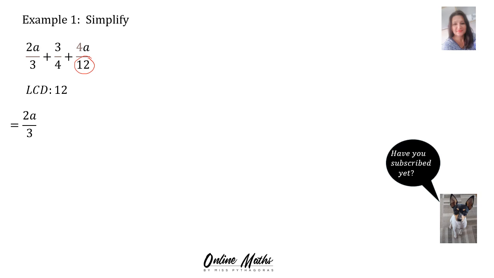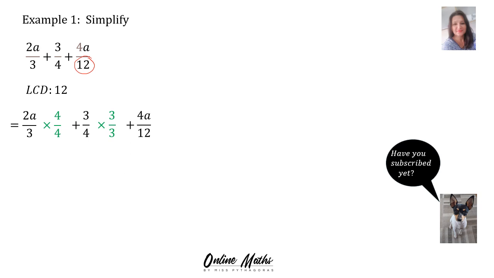So if we look at 2a over 3, we're going to multiply the numerator as well as the denominator with 4 over 4 to turn the 3 at the bottom, the denominator, into 12. And then the plus 3 over 4, the next term, we will multiply by 3 over 3. What we do under the line, we do on top of the line.